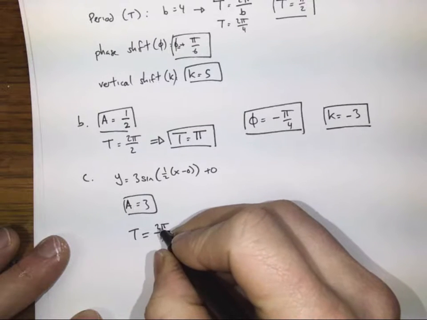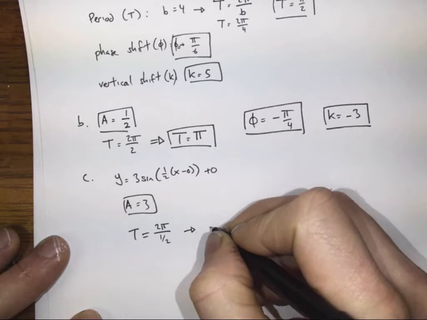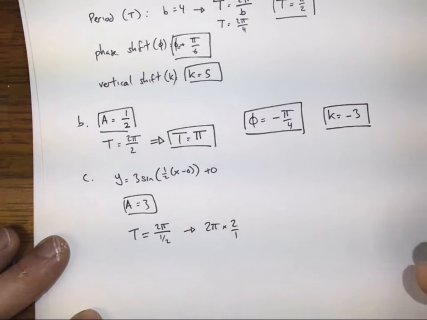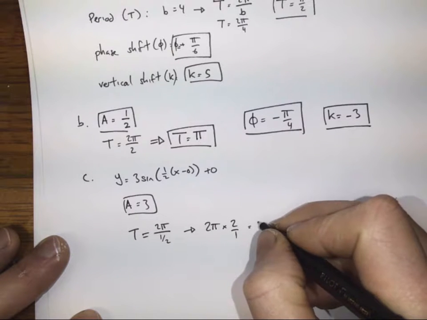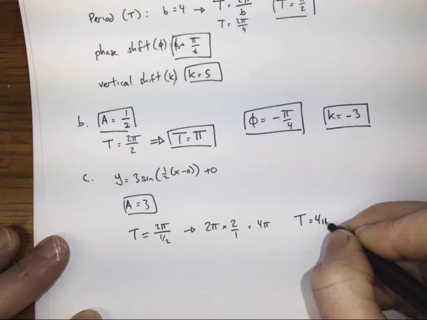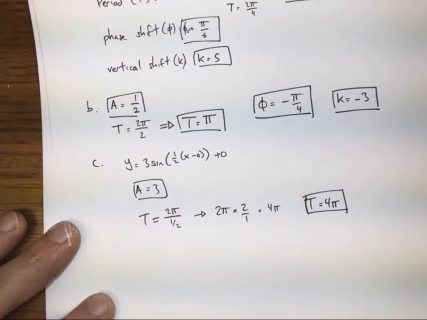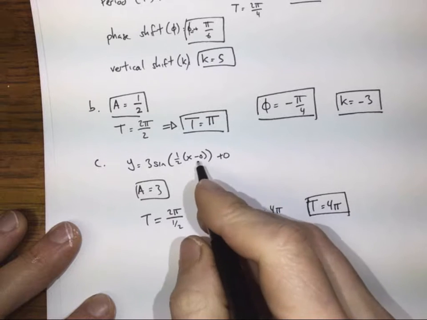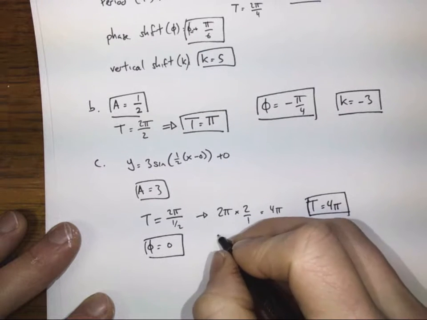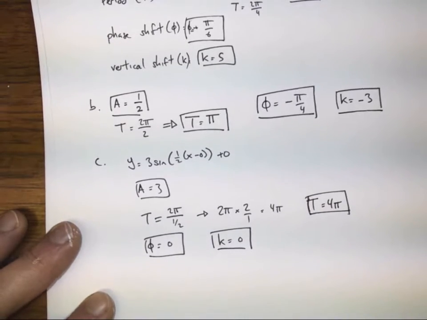And 2 pi divided by a half, that's like saying 2 pi times 2 over 1, which is 4 pi. So our period is equal to 4 pi. And as you can see, our phase shift is 0, and our K is also 0. Our vertical shift is also 0.